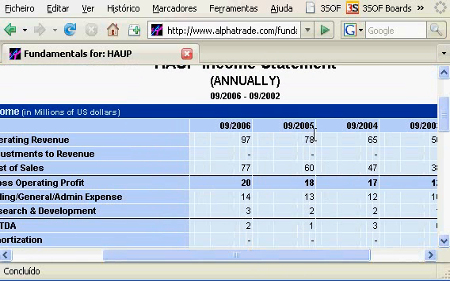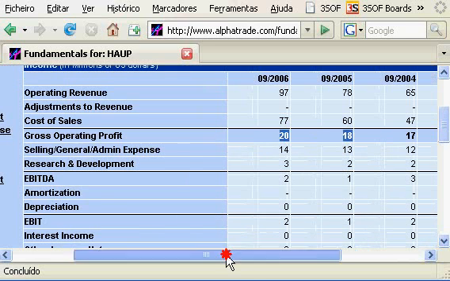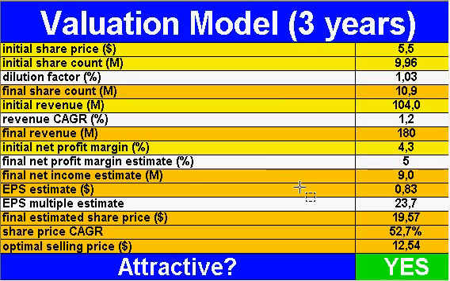Look at this revenue jump from 78 million to 97 million, but gross operating profit rose just from 18 to 20 million, and EBITDA rose just 1 million. So the gross margin was declining, even as revenues were going up, and that was a sign of problems.